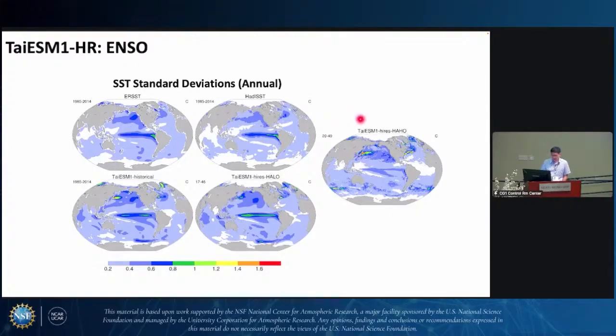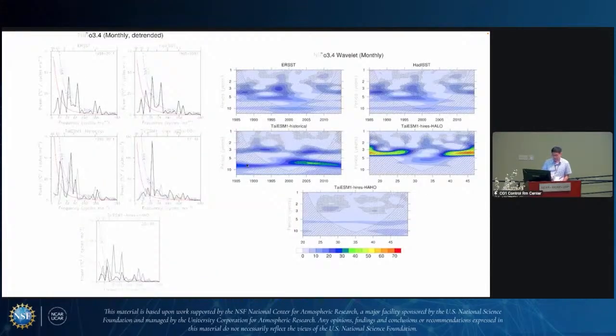It is a common feature for TISM, even in the low resolution version. So this may result in a very cold bias in the North Pacific, and it requires additional investigation.